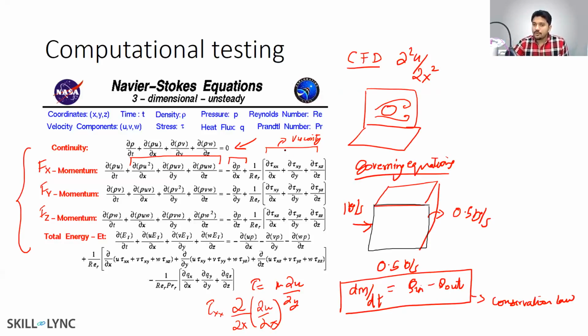When you solve for shear stress, you can calculate your drag coefficient correctly. If you want to calculate pressure drop accurately, you need the dp/dx term. And to get your velocity components correct, you pretty much need all the terms.